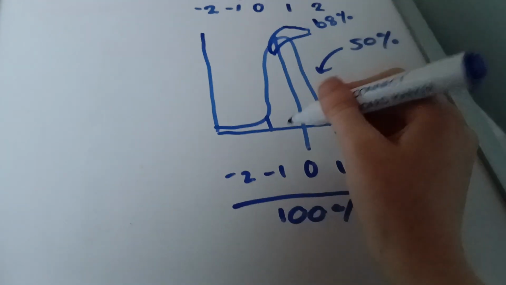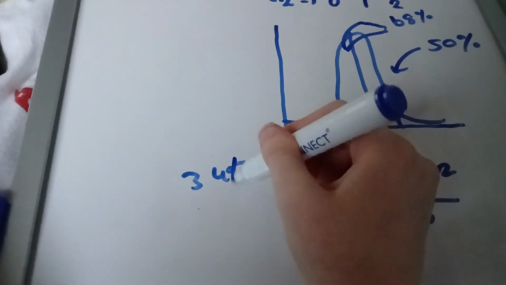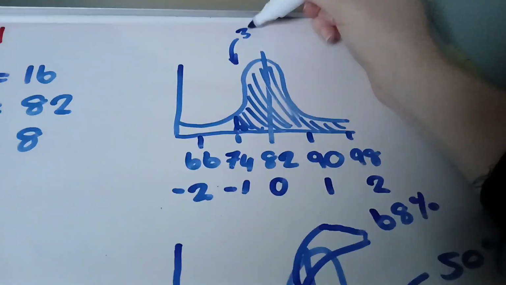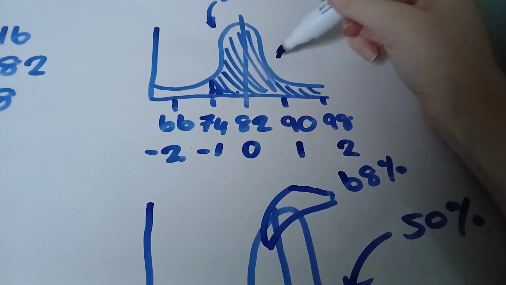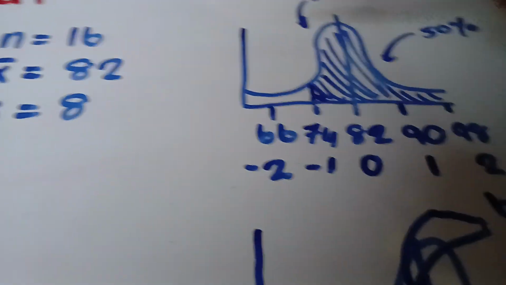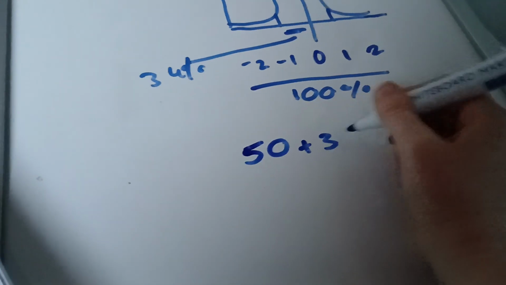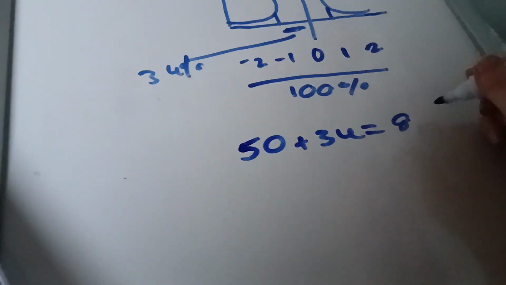So then just one here would be 34%, because 34% is half of 68. So we're looking for half of this, plus this 34%. If we add these two together, we get the probability of a participant in this study getting a score greater than 74. So the answer is 50 plus 34, which equals 84%, which is the correct one on question 1.